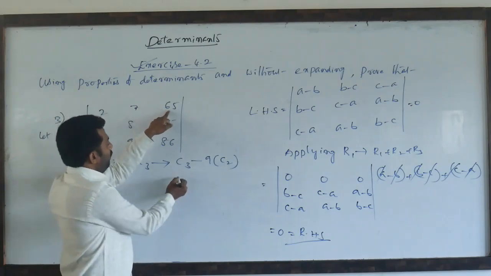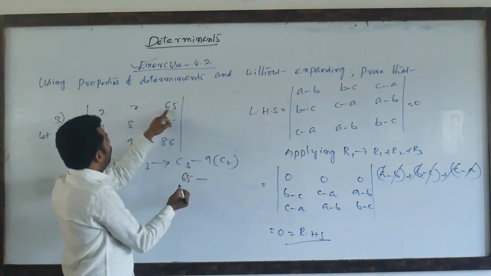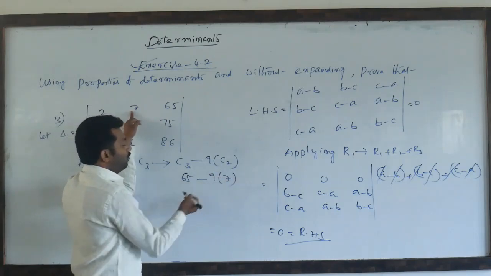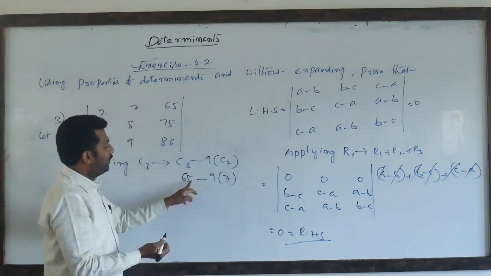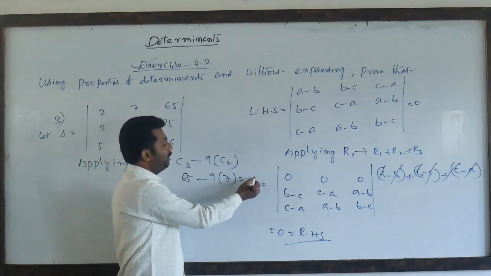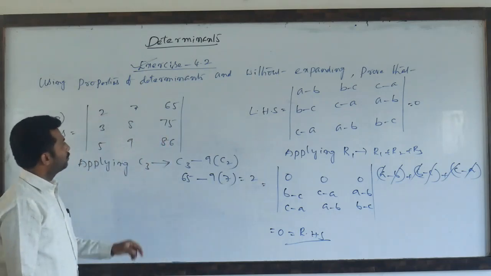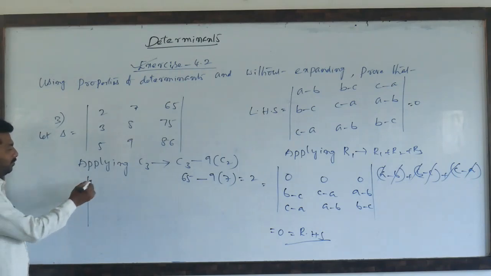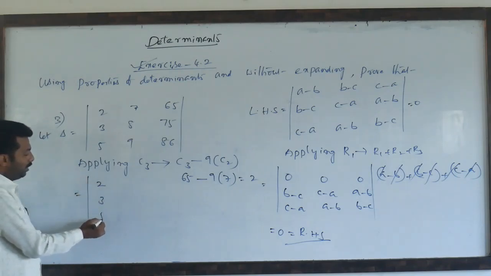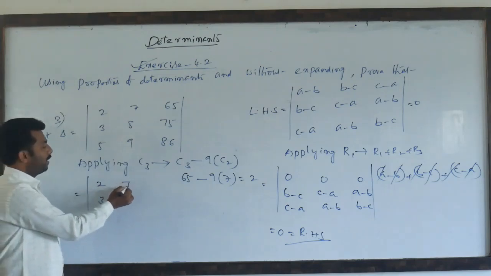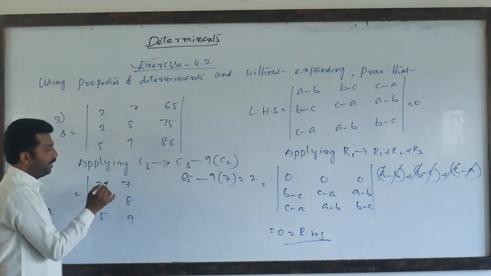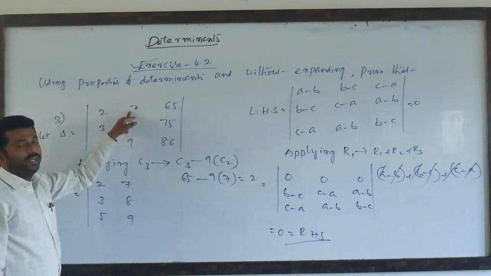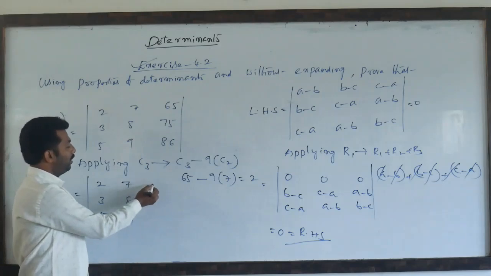What is C3? 65 minus 9 into the corresponding C2, that is 63. 65 minus 63, how much is it? 2. There are no changes in the first column, which is 2, 3, 5, and the second column is 7, 8, 9.